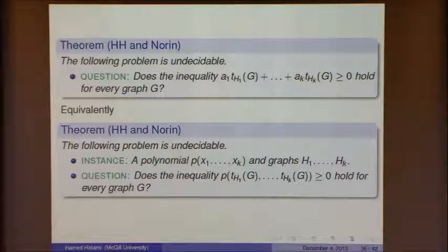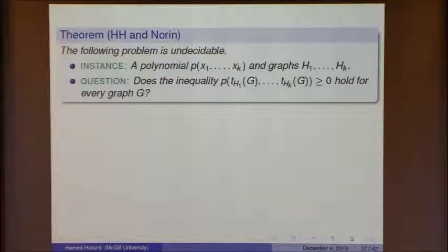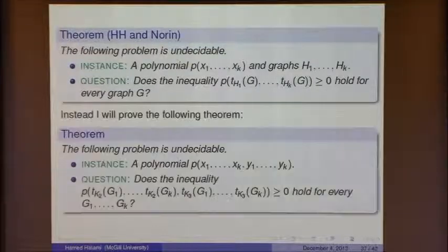Linear and polynomial are the same because of the trick we had of replacing graphs with disjoint unions. So it's equivalent to saying: given a polynomial and these graphs, is it true that if I assign these densities to the variables of the polynomial, it's always non-negative? Okay, so this is the new statement, which is equivalent to what we wanted to do.